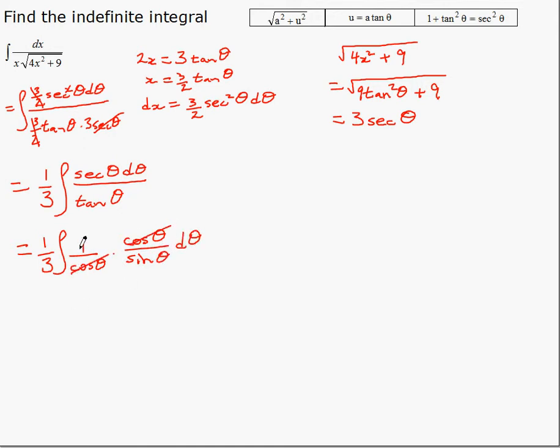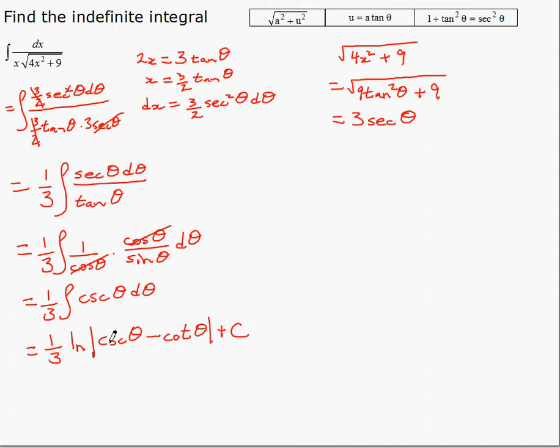Cosines cancel, we're left with 1 over sine, and 1 over sine is cosecant theta d theta, and this is an integral that we should know, or we're given the formula for anyway, and the formula is natural log of cosecant theta minus cotan of theta plus some constant.